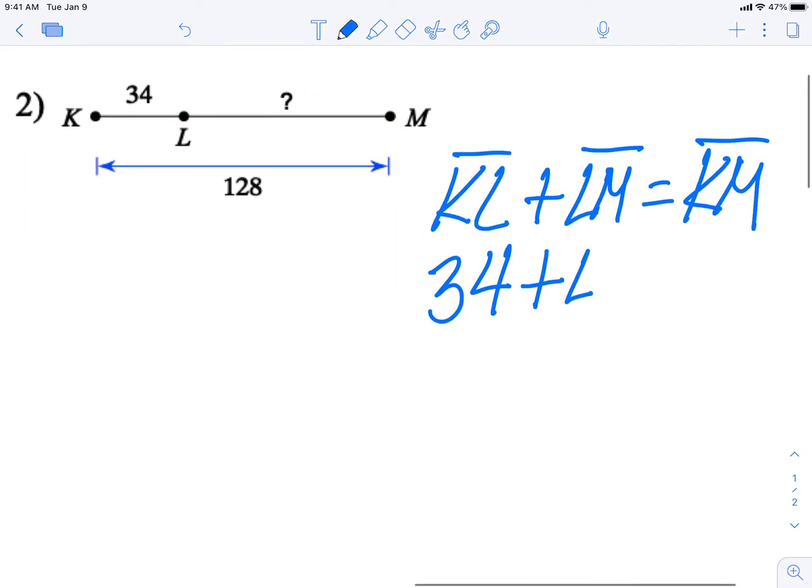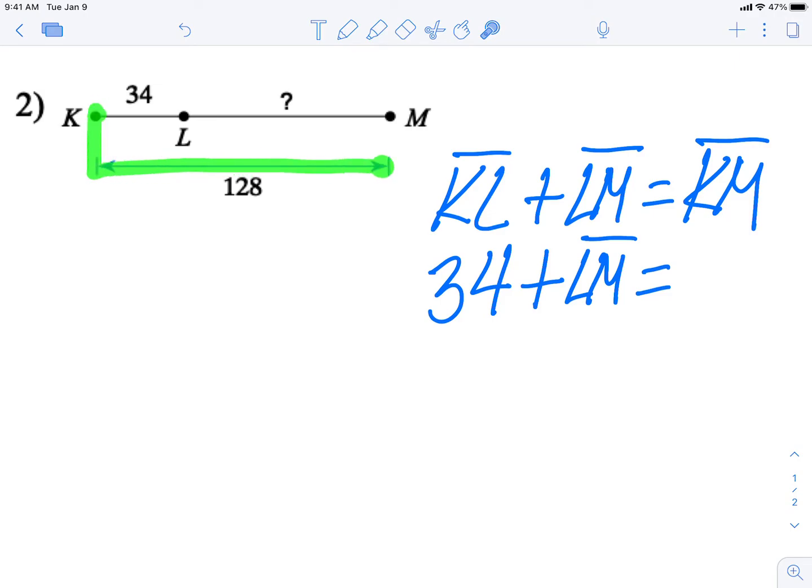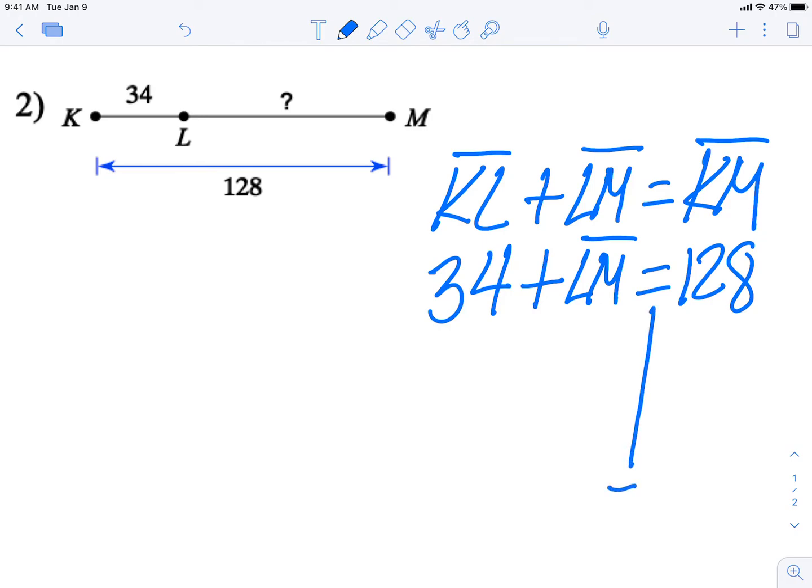So LM, because we don't know what it is, we leave it LM, is equal to segment K to M, which is 128. So I draw my line of separation. I know I'm solving for LM. That's what's missing, right? So segment LM.